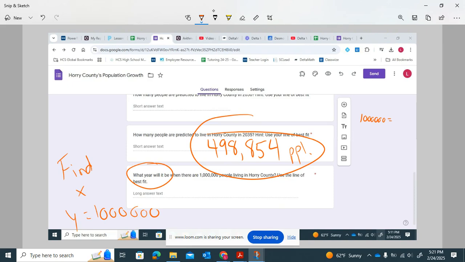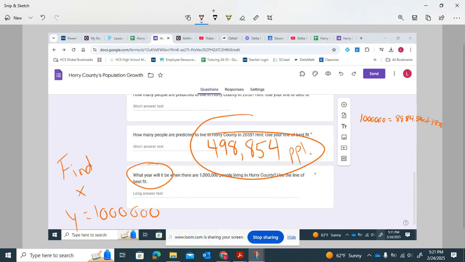Then you would put your slope, which I forget what it is. It's 8,884.59x, and then plus, I'm going to run out of room, 187,894.